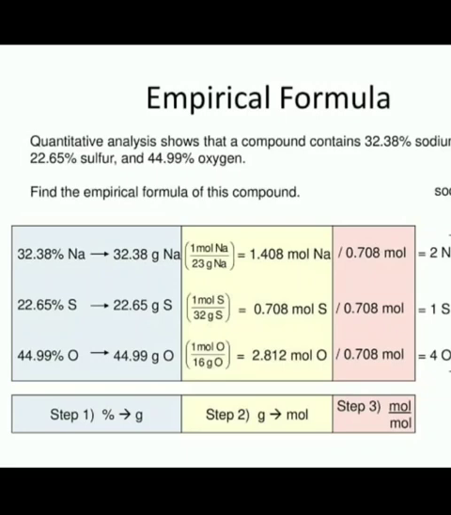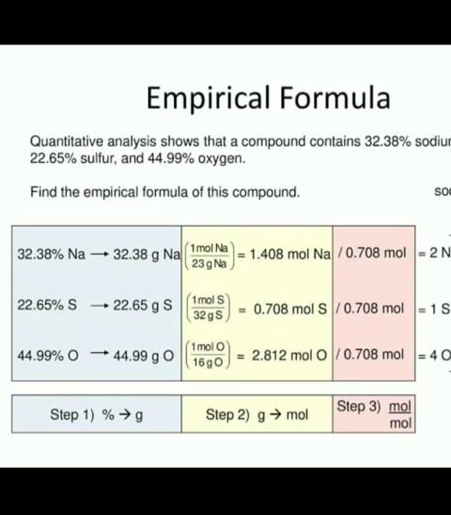After that, you have to find the smallest number. Here you see 1.408, 0.708 and 2.812. Which is the smallest number? That is 0.708. You find the smallest number and divide each number by it. Understood?